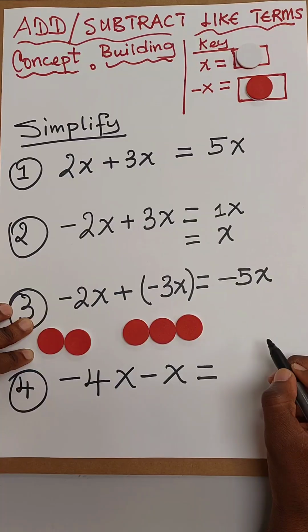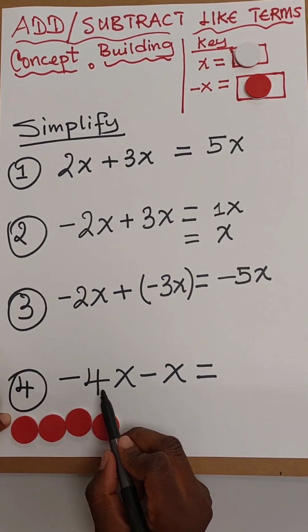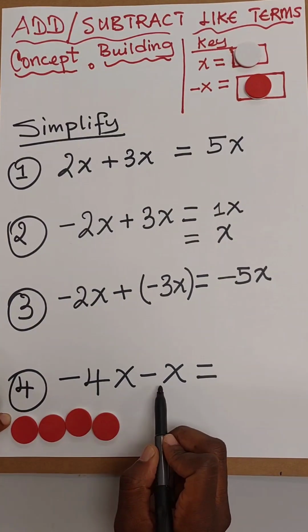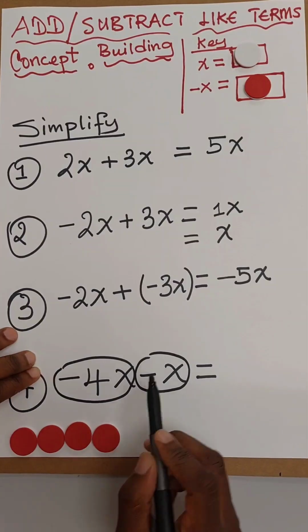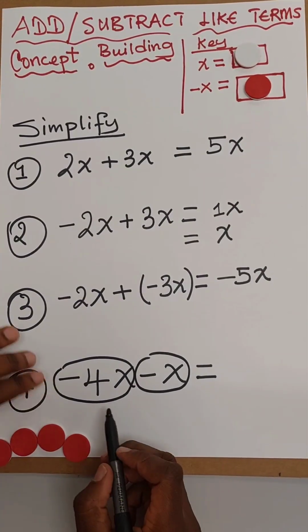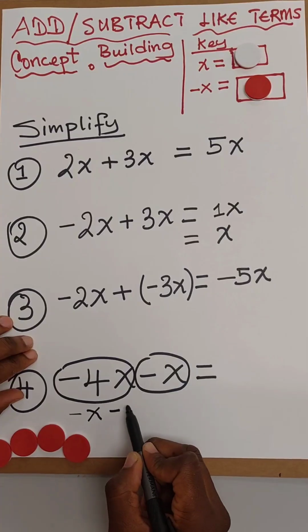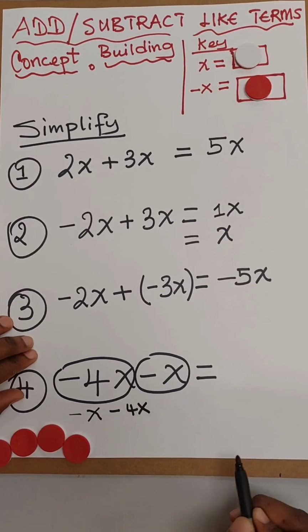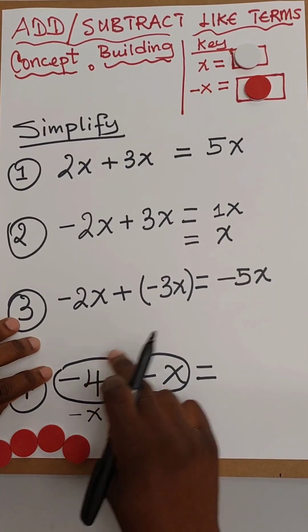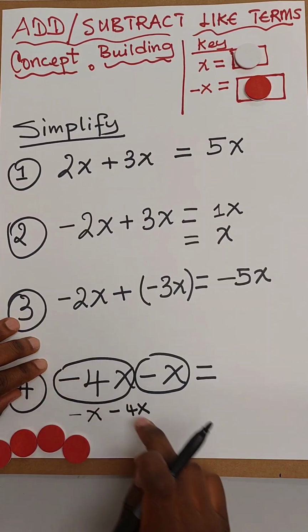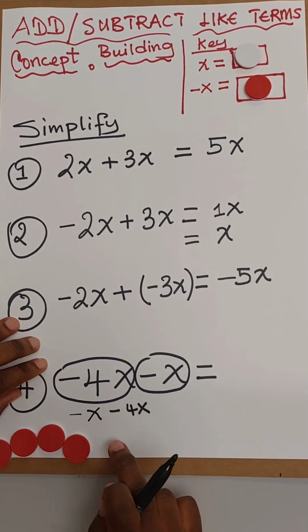Now, this is read as negative 4x minus x. Switch these two terms around, and it will say negative x minus 4x. If I move this to this position and move this to this position, it will say negative x minus 4x.